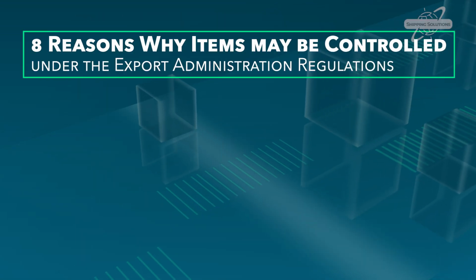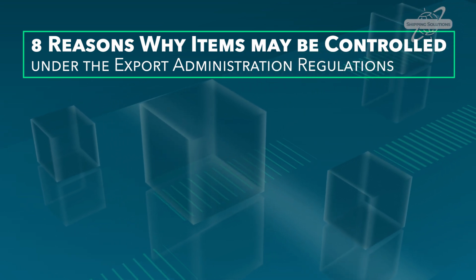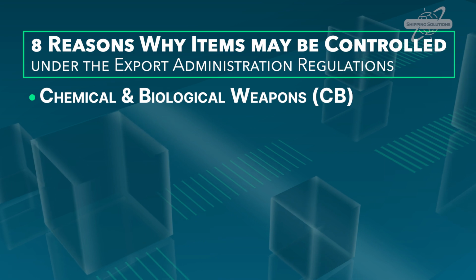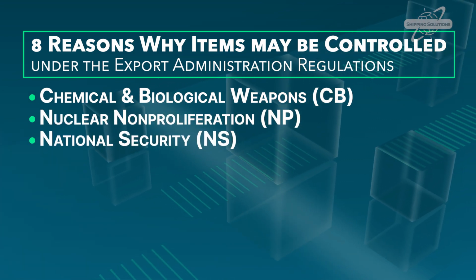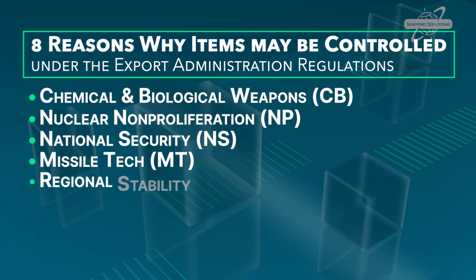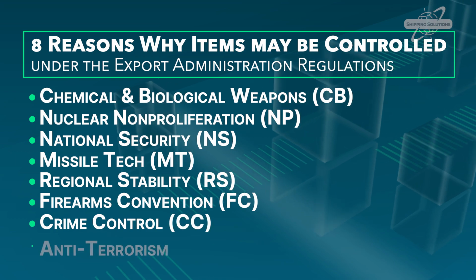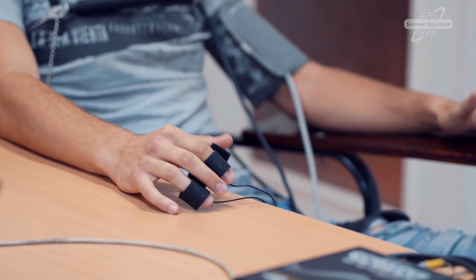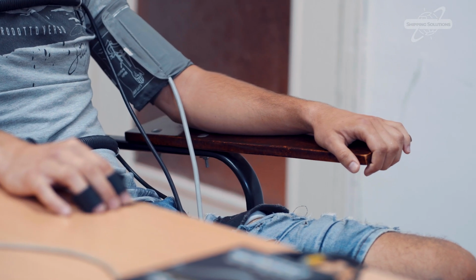There are 8 reasons why items may be controlled under the Export Administration Regulations: chemical and biological weapons, nuclear non-proliferation, national security, missile technology, regional stability, firearms convention, crime control, and anti-terrorism. While polygraph equipment is only controlled for crime control reasons, other items can be controlled for multiple reasons.